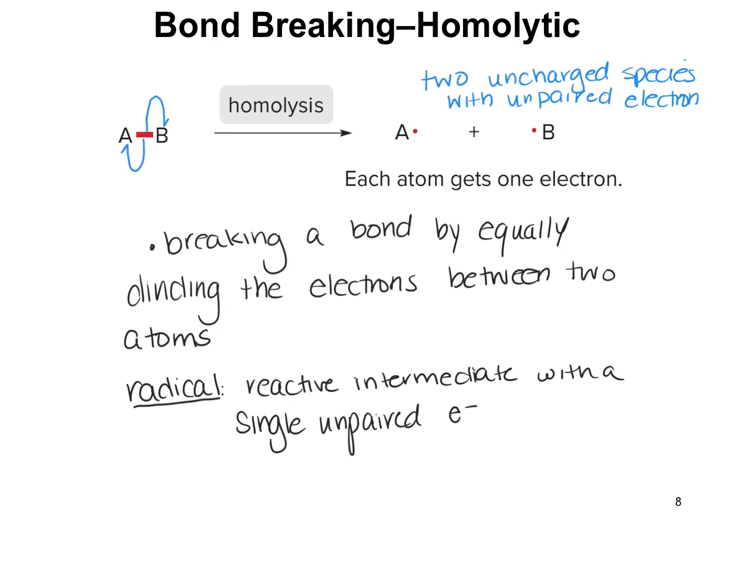Now, radicals are highly unstable, because they contain an atom that does not have an octet of electrons.